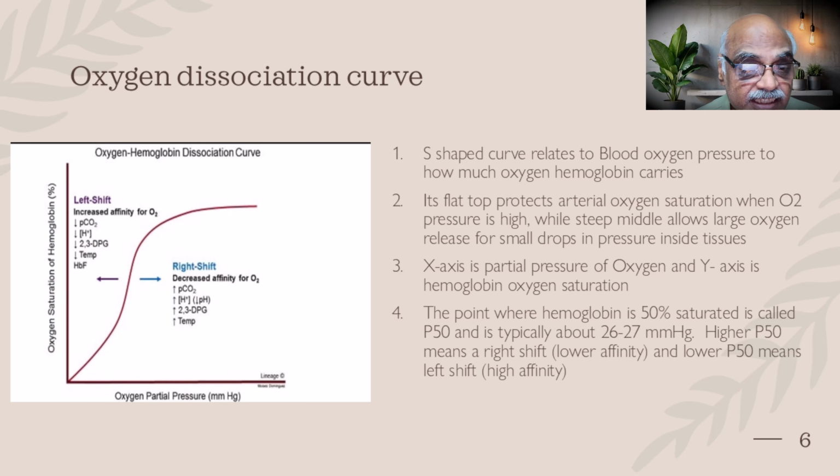The relationship between partial pressure of oxygen and oxygen saturation is classically represented by the oxygen dissociation curve. This is actually an S-shaped curve, and it determines the relationship between the blood oxygen pressure and the oxygen carrying capacity of the hemoglobin.